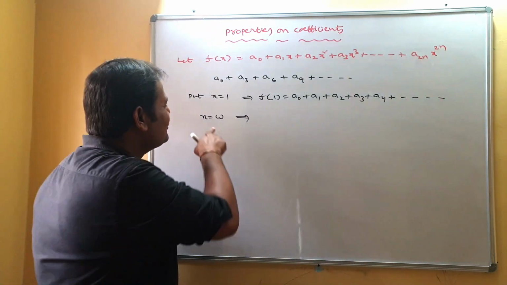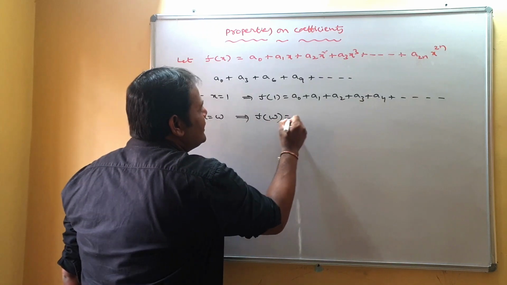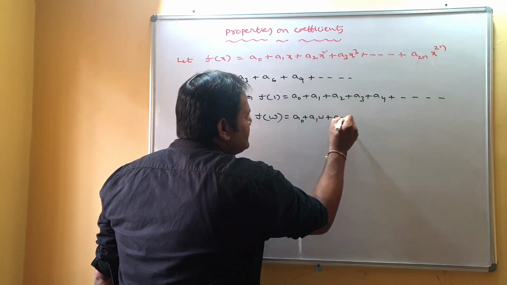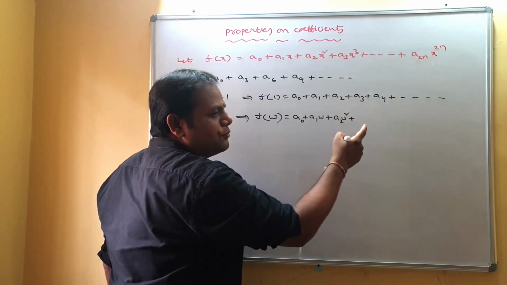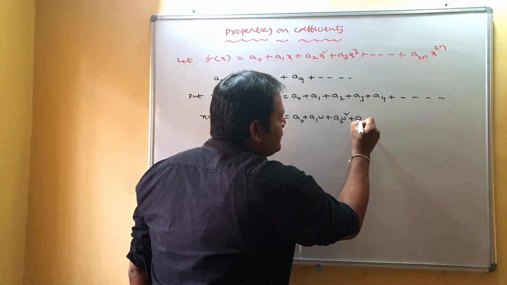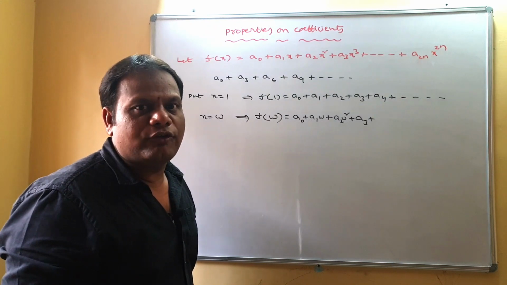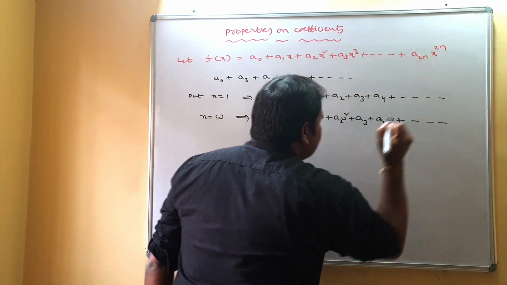So F of omega is a0 plus a1 omega plus a2 omega square plus a3 omega cube. What is omega cube? 1. So a3 plus a4 omega power 4. What is omega power 4? Yes, omega. So a4 omega plus so on.